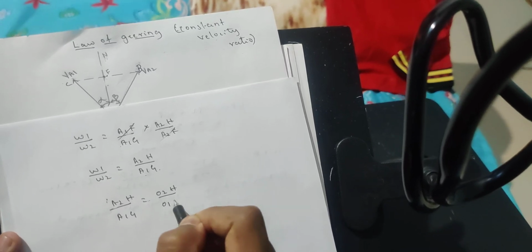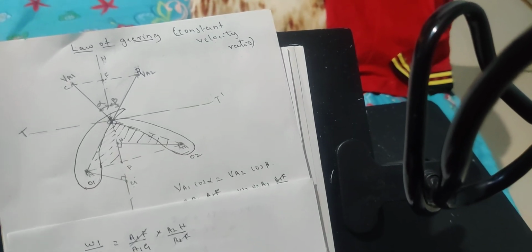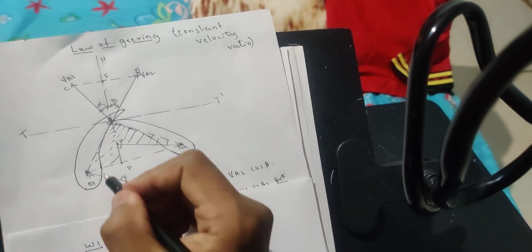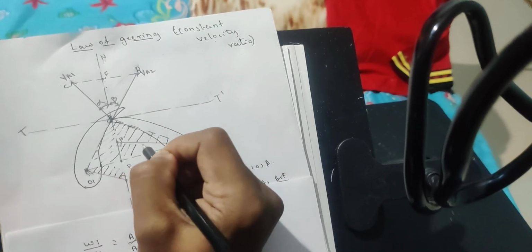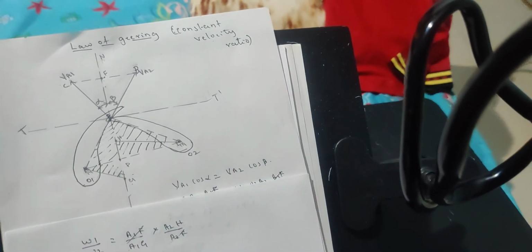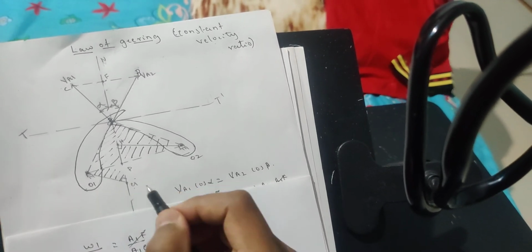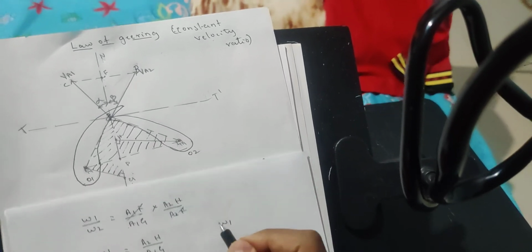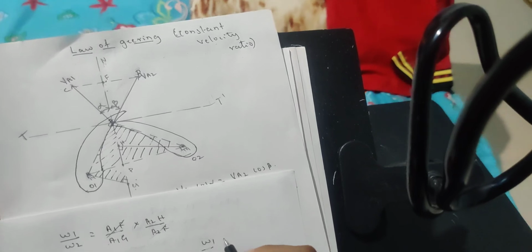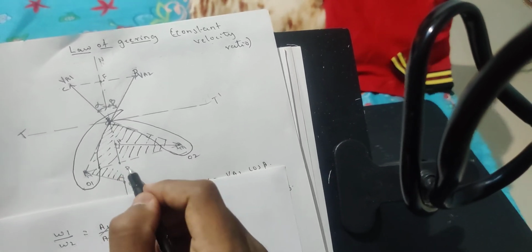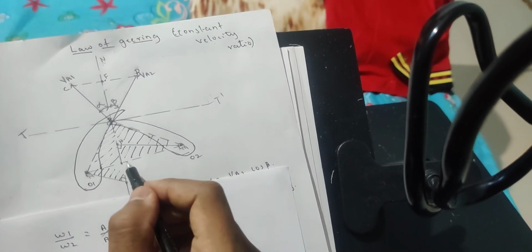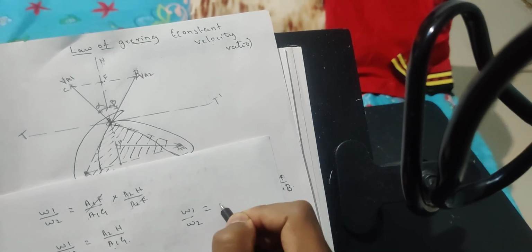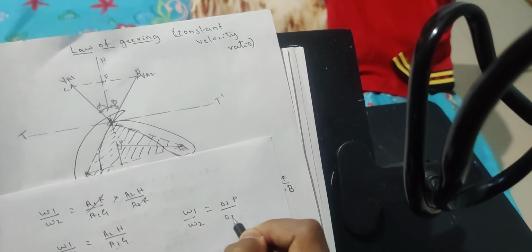If I take the similar triangles once again, if I take this triangle and this triangle, O2H upon O1G is there, so I can take the ratio as omega 1 upon omega 2 is equal to, for the same triangles, O2P upon O1P.